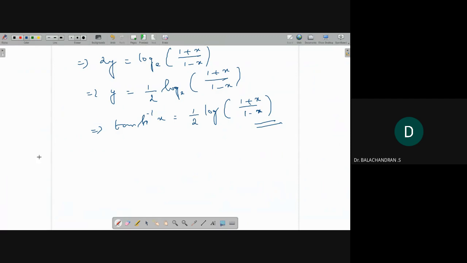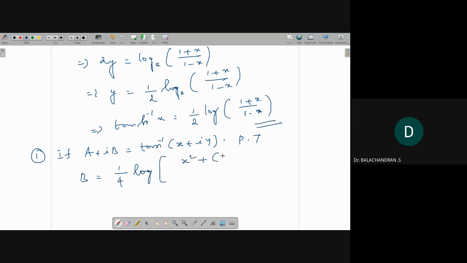So last problem: if a plus ib equal to tan inverse of x plus iy, prove that b equal to 1 by 4 into log of x square plus (1 plus y) whole square divided by x square plus (1 minus y) whole square.